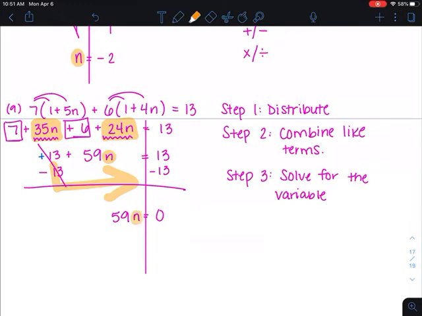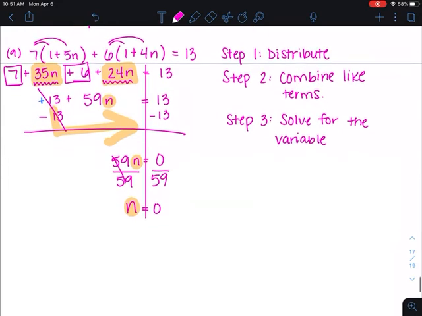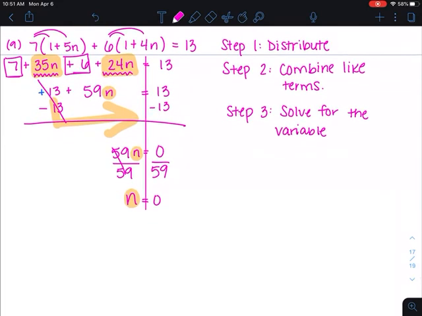These 13s will cancel, so I have 59n is equal to, and 13 minus 13 is 0. Again, we're still trying to get n by itself, so 59 is being multiplied by n, and the opposite of multiplying is dividing. So I'm going to divide both sides by 59. That way we can get n by itself. And 0 divided by anything is always going to be 0. So n is equal to 0.